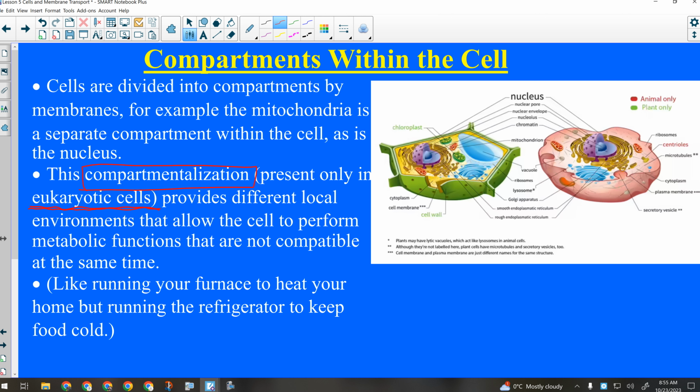It's kind of like being a jack of all trades and a master of none. All right, so eukaryotic cells have compartmentalization. Prokaryotic cells, and incidentally, if you're wondering how that's spelled, prokaryotic, those are cells that don't have compartmentalization.